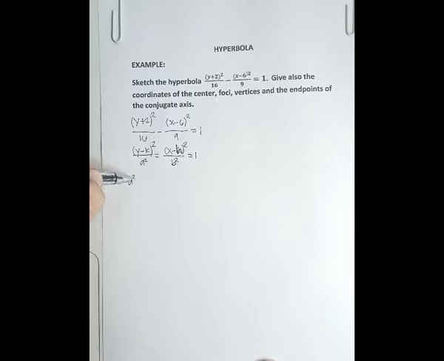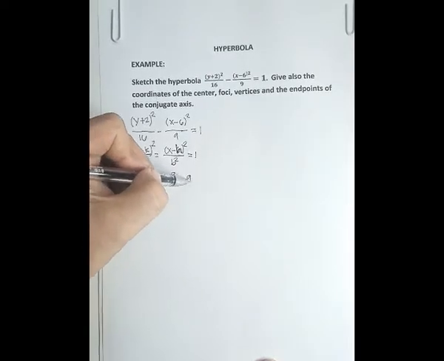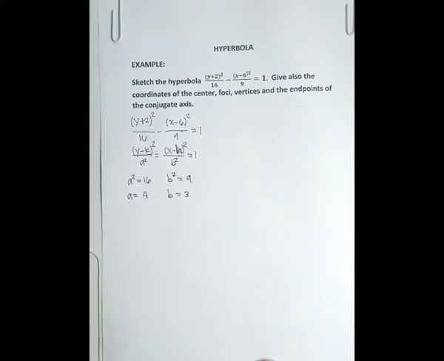So a squared is equal to 16, a is equal to 4, and b squared is equal to 9, b equals 3.